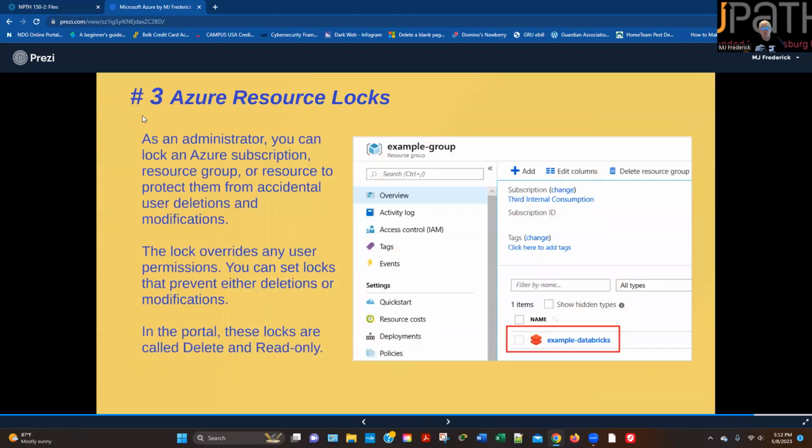The third tool is Azure Resource Locks. So as the administrator, you can lock an Azure subscription, a resource group, or a resource to protect them from accidental deletions or modifications that users make.